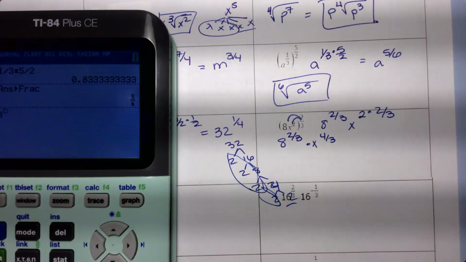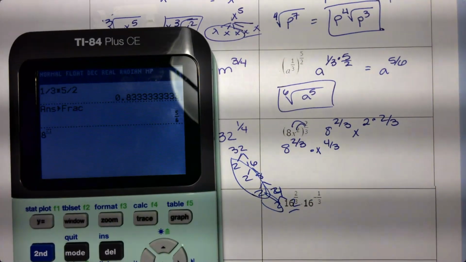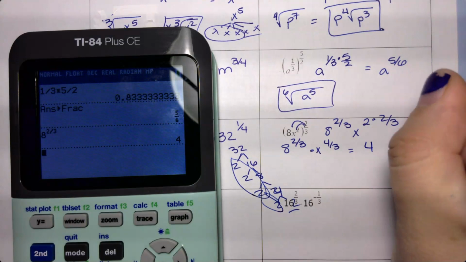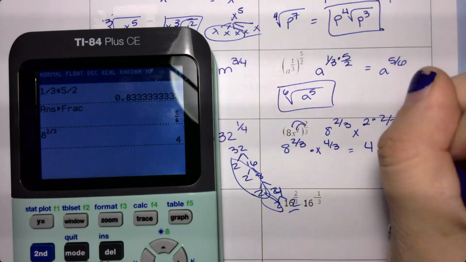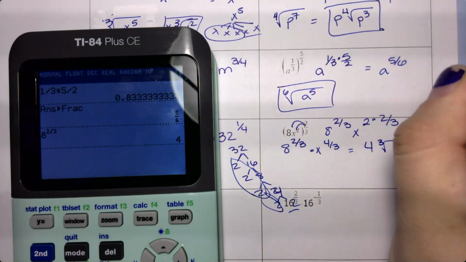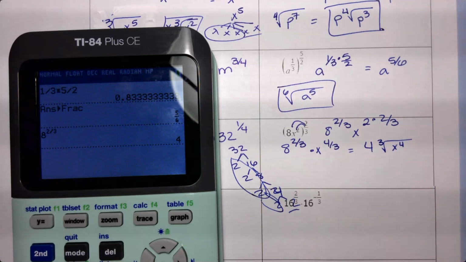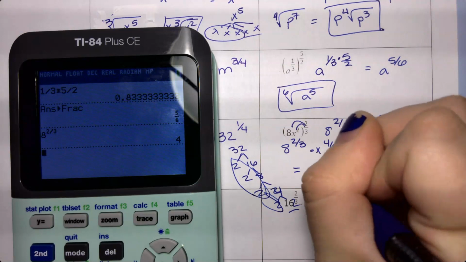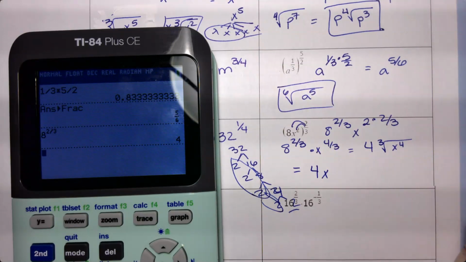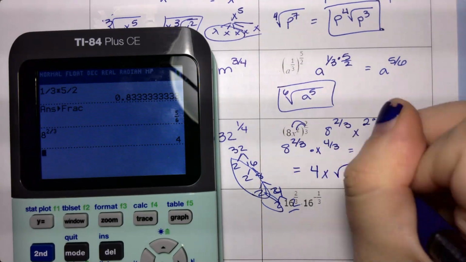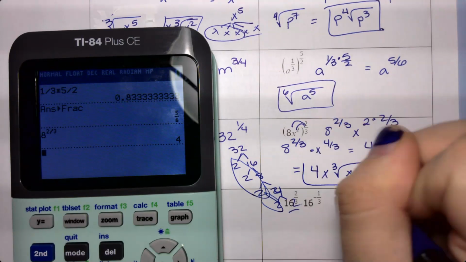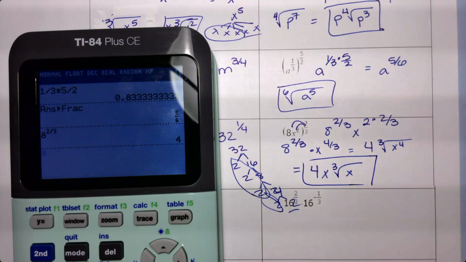So 8, and then I can raise my exponent to the 2 divided by 3, which gives me 4. And then for my x, the 3 goes on the index, and then it's x to the 4th. I can subtract 3 from that, so I can rewrite that. I have 4 and x on the outside from that group of 3, x to the 4th. And then I still have 1 left over because 4 minus 3 is 1. So that x stays on the inside.